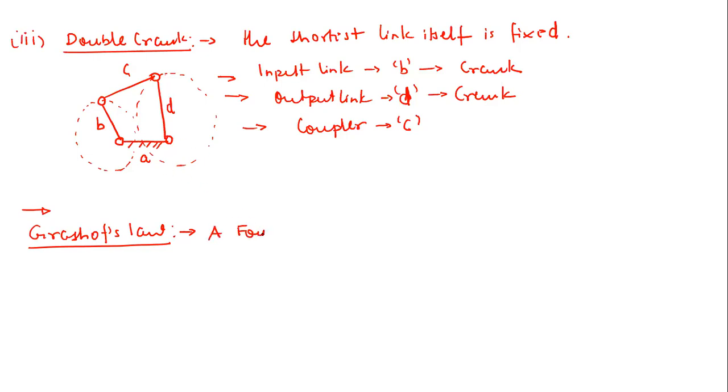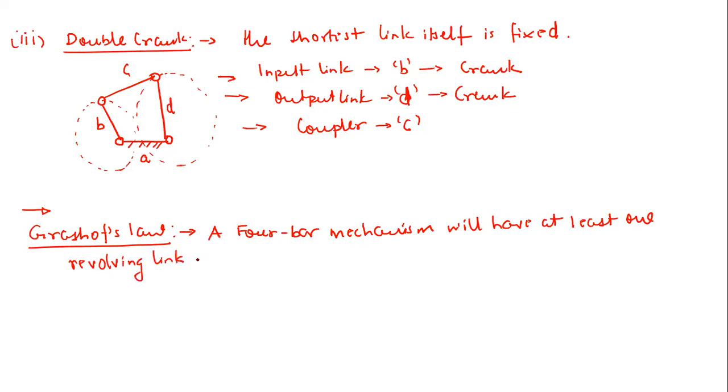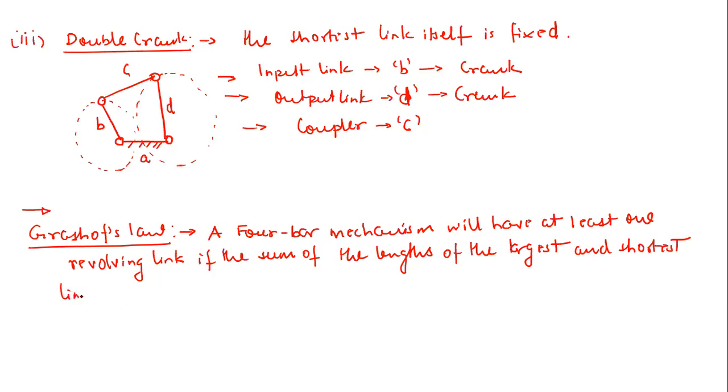Grashoff law states that a 4-bar mechanism will have at least one revolving link if the sum of the lengths of the largest and shortest links is less than the sum of the lengths of the other two links. So, it is the Grashoff law.